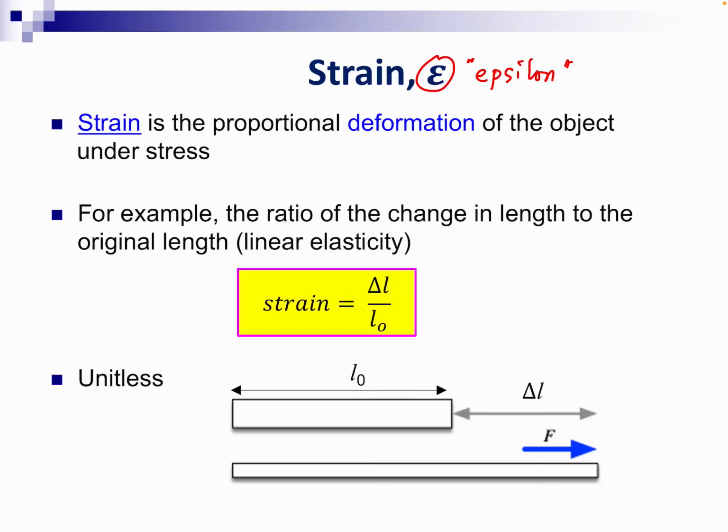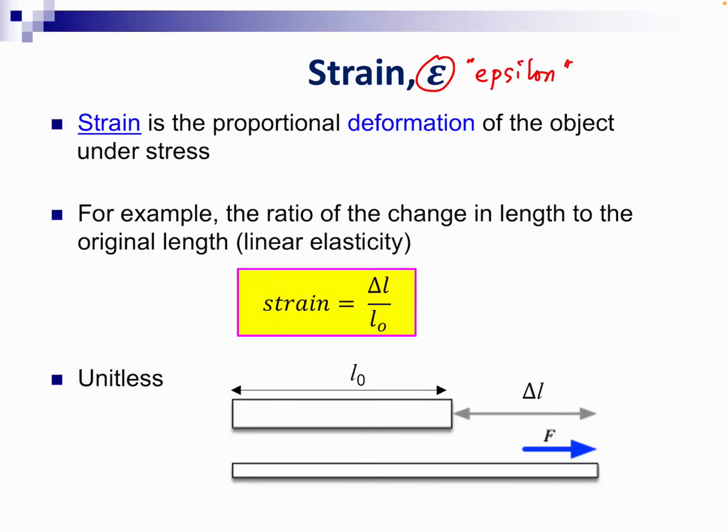There are different kinds of strains, depending on how the object deforms. The object can deform via elongation, or via a change in shape or bending. One example is the change in length of the object. In this case, strain is defined as the change in length over the original length.